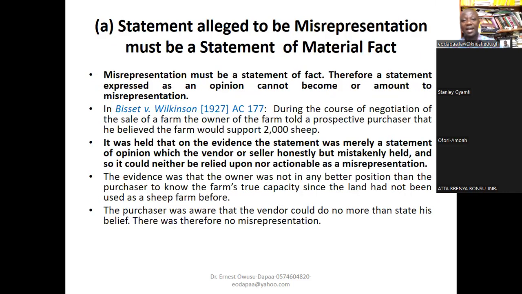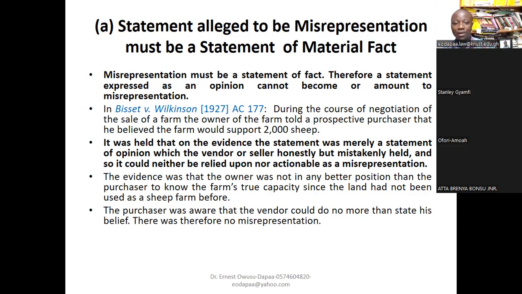Okay, so we have said that to constitute misrepresentation, the statement alleged to be a misrepresentation must be a statement of material fact. That is, it must be a statement of fact and not a statement of opinion. So the general rule is that a statement of opinion does not give rise to misrepresentation.